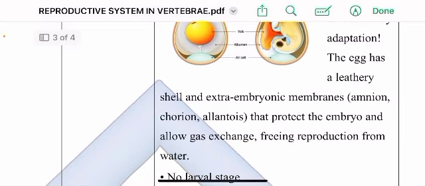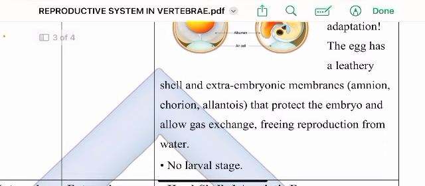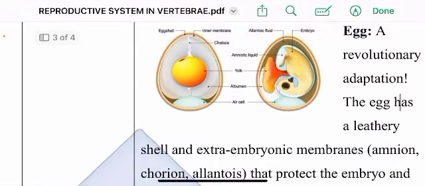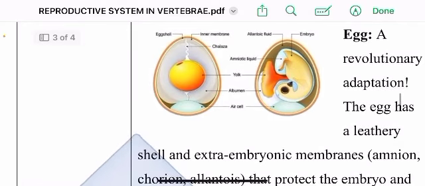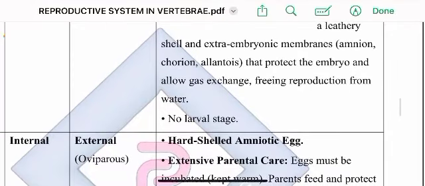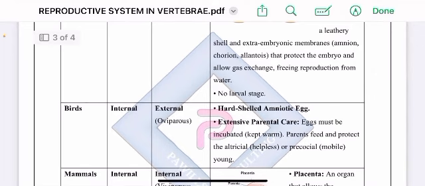So, this egg has a leathery shell and extra embryonic membranes, which are the amnion, the chorion, the allantois, as you can see here, like different layers of protection that protect the embryo and allow gas exchange, freeing reproduction from water. Here, there's no larval stage.